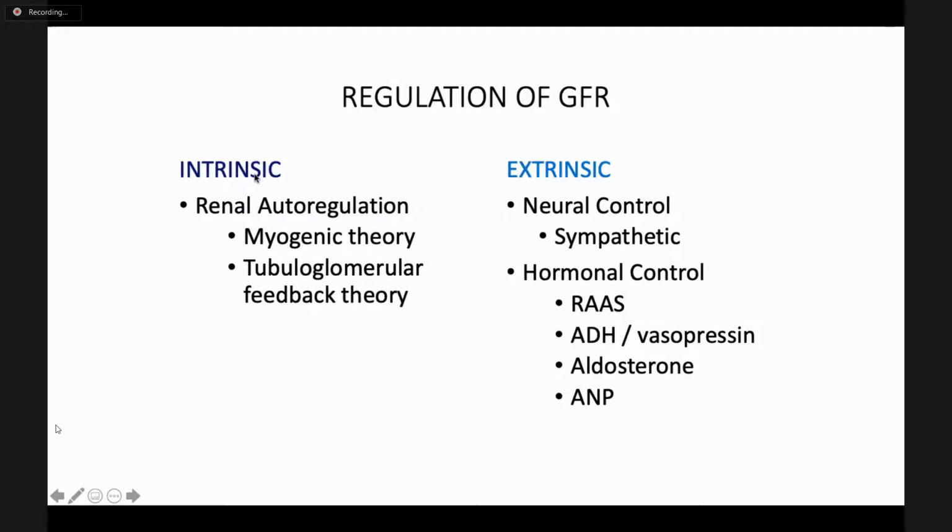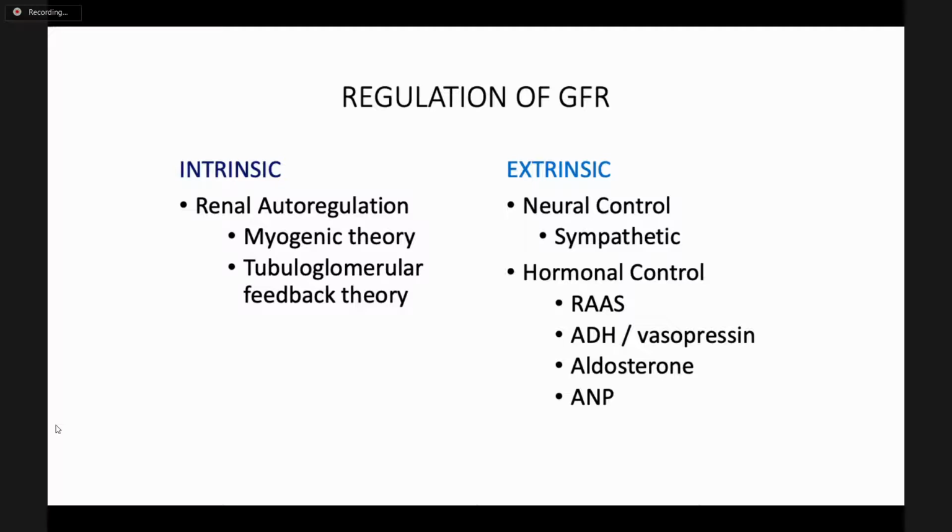Alright, so intrinsic, we call it renal auto-regulation and local regulation. We have the myogenic theory and the tubuloglomerular feedback theory, whereby the myogenic theory is operated by stretch receptors. If there's too much stretch, it will constrict. That's how it controls the blood flow.